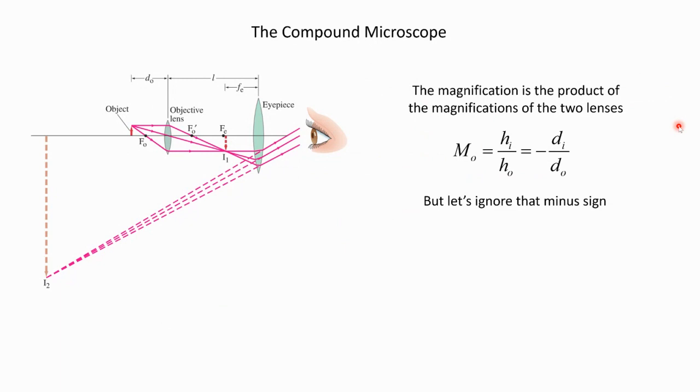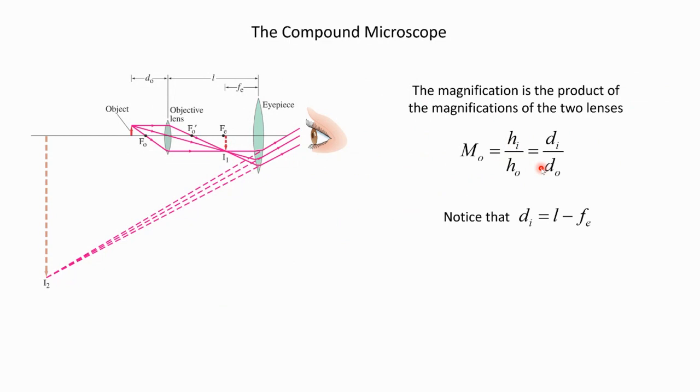All right, but now let's calculate the magnification of the microscope. For the objective lens, we use this old equation and ignore the minus sign. Now notice that the image distance, here it is, the distance of this image to the objective lens, is the length of the microscope, which is defined as the distance between the objective lens and the eyepiece, minus the focal distance of the eyepiece. And again, to get the largest magnification out of the eyepiece, you move it back and forth until this image is very, very close to the focal point of the eyepiece.